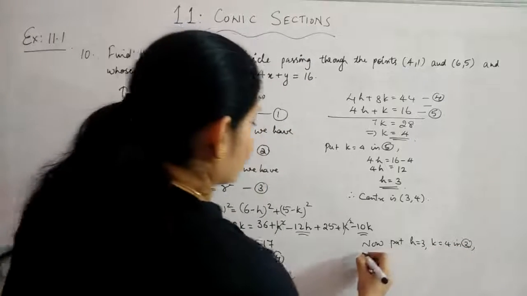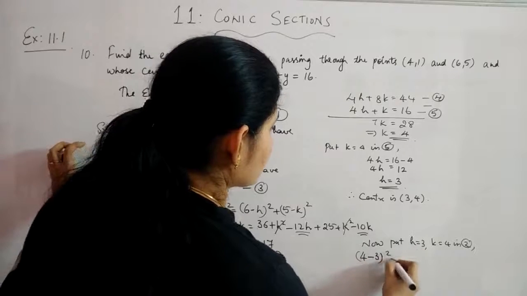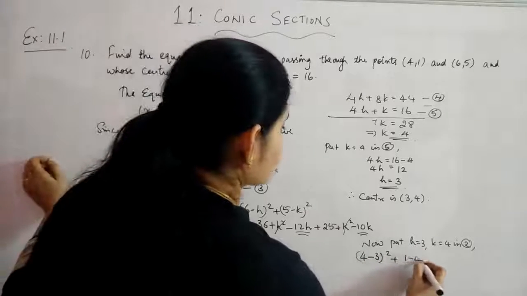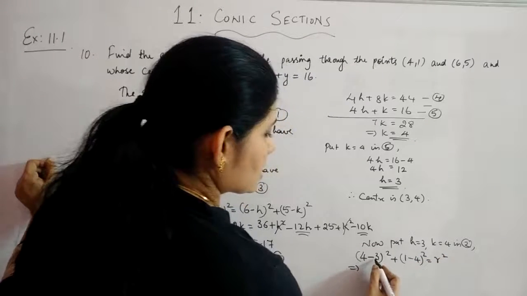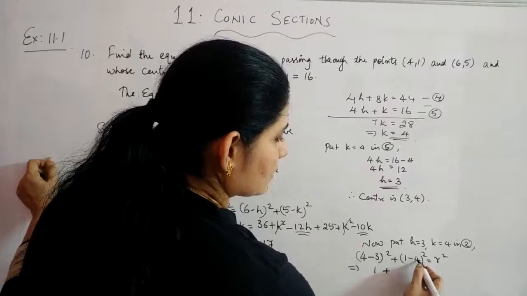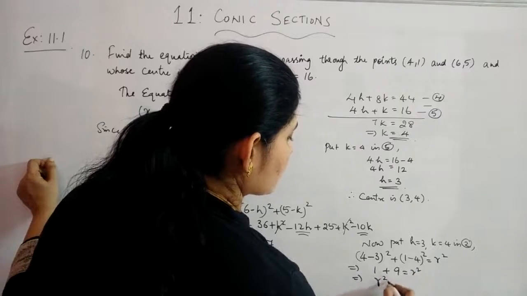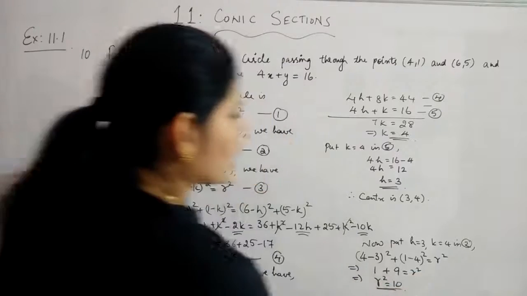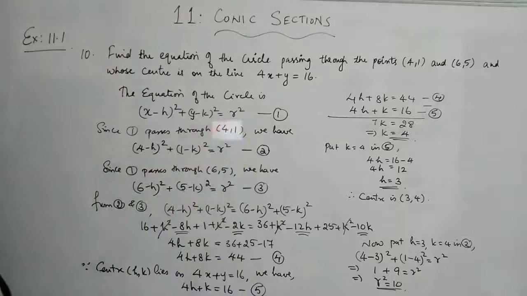What you will get? (4 minus 3) the whole square, plus (1 minus 4) the whole square equal to r square. That means here you are getting 1 square, which is 1, plus minus 3 the whole square is 9, so that you are getting your r square as 10. We need only r square because the equation has r square. No need to find out r and then replace.